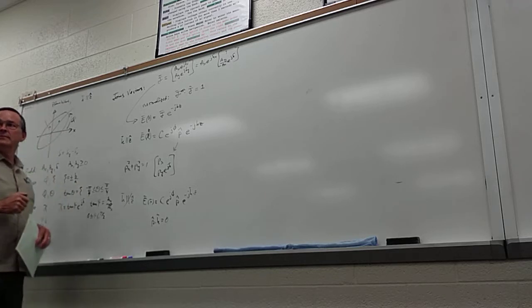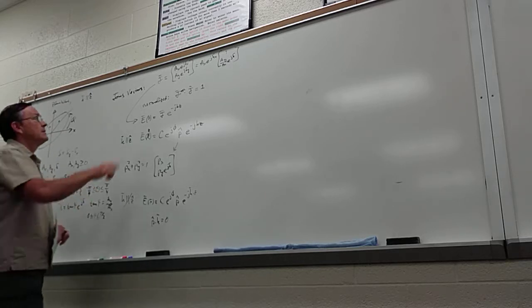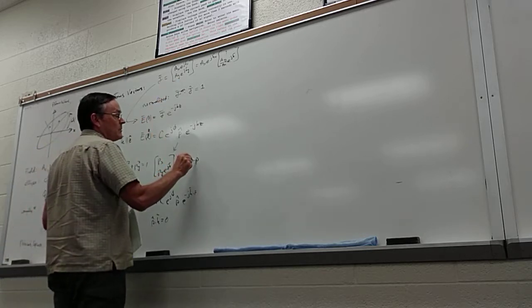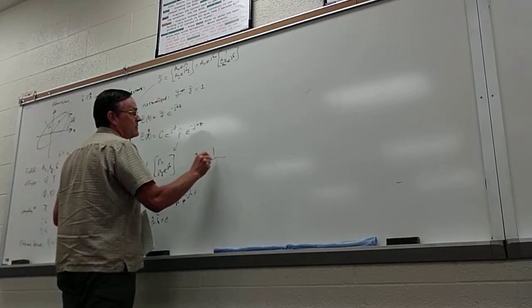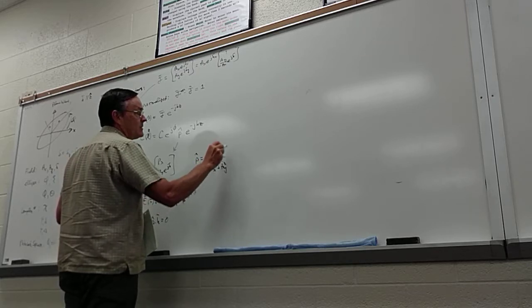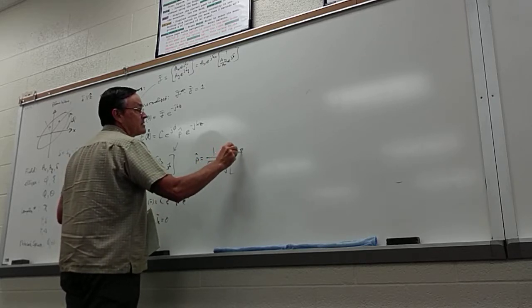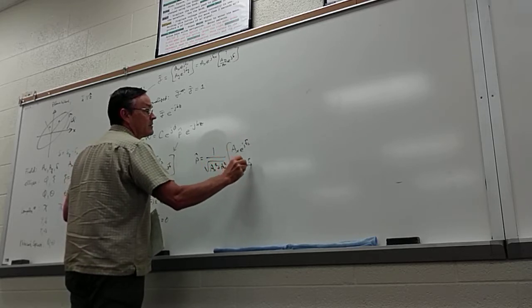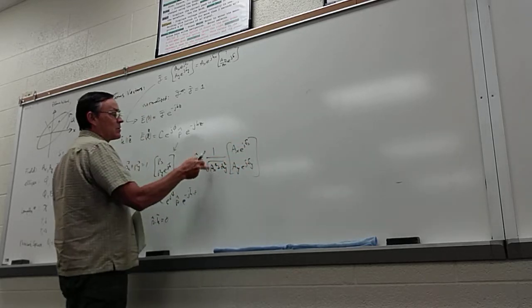So how do you get from that top one to that bottom one? In this case, we could write p hat as 1 over the square root of ax squared plus ay squared times ax e to the j delta x, ay e to the j delta y. So we've just normalized it.